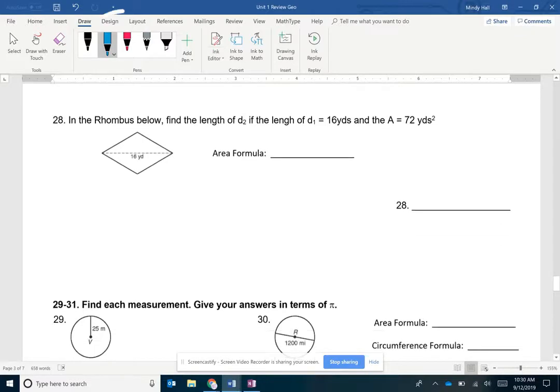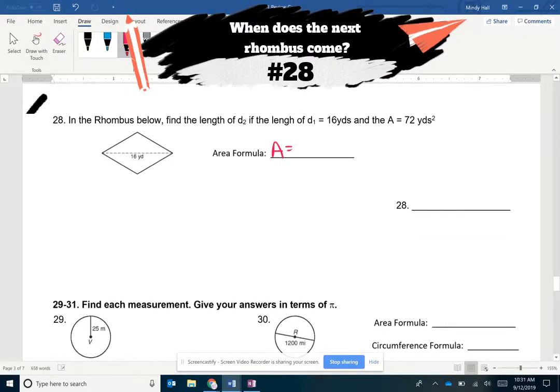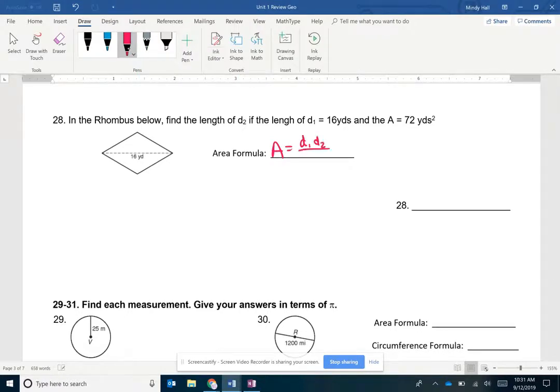Next one, 28, we want to find the area of the rhombus. So area formula for rhombus is the same as a kite. It is your diagonals times each other divided by 2. Now, we know area and we know D1, so we are going to plug in 72 and 16, and we're going to leave that D2 divided by 2.